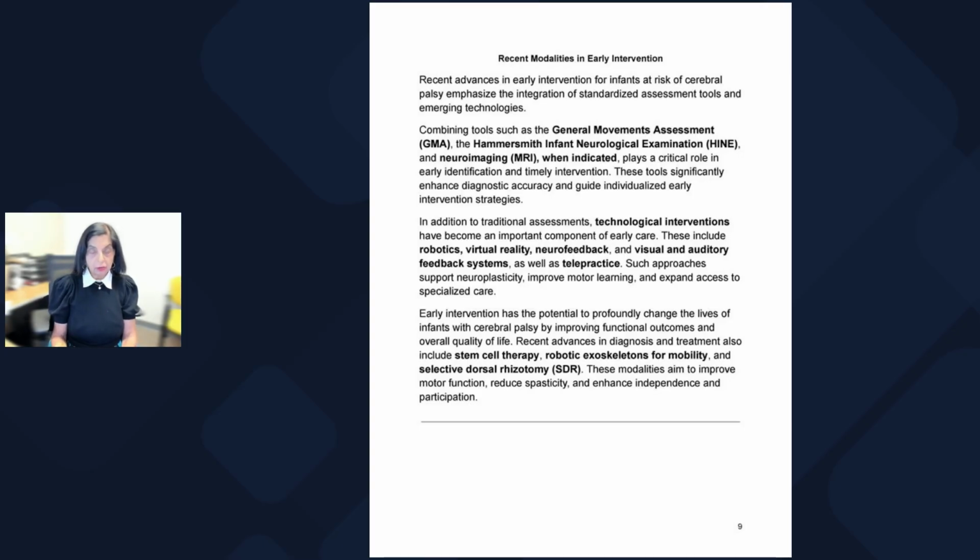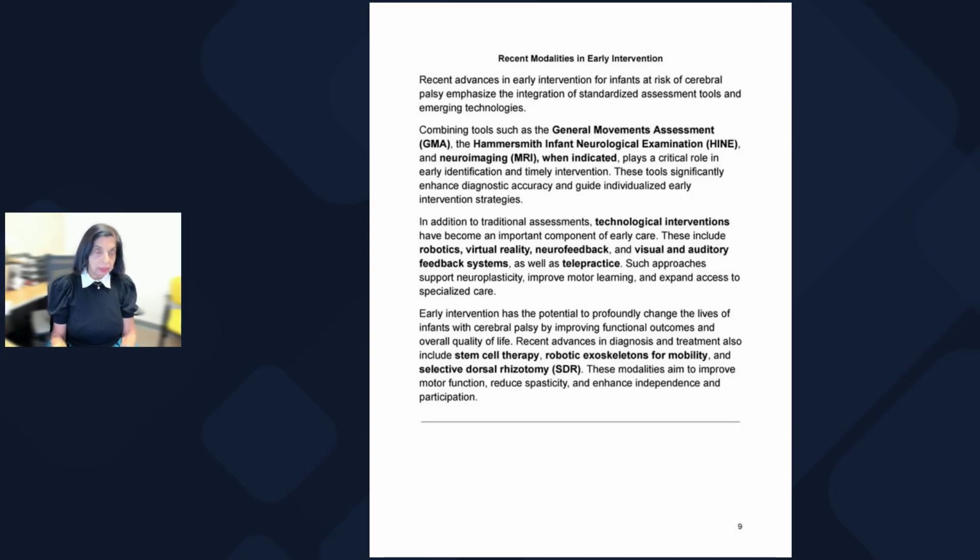Combining such tools, such as the general movement assessment, the Hammersmith Infant Neurological Examination, and neuroimaging, that is MRI when indicated, all this plays a significant role in the early identification and timely intervention.